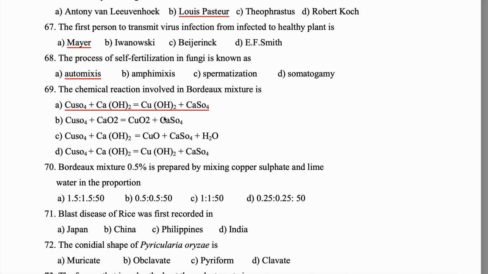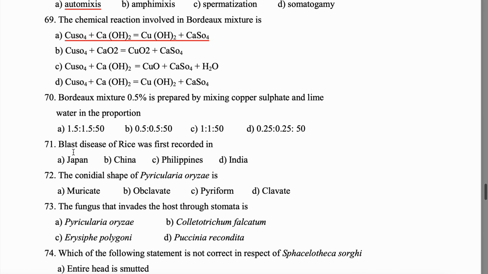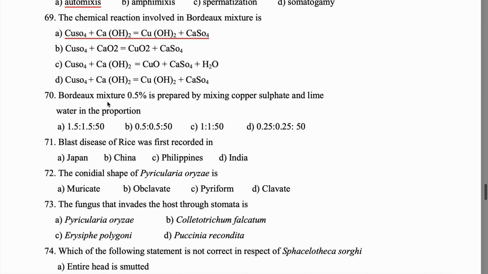And this cupric hydroxide is toxic to fungi. That actually kills the fungi. Okay. Next. Question 70. Bordeaux mixture 0.5% is prepared by mixing copper sulfate and lime.